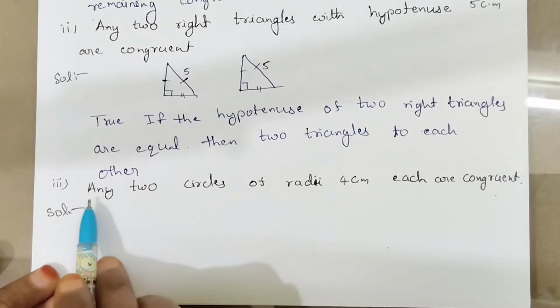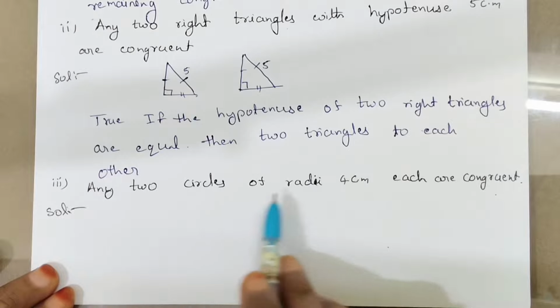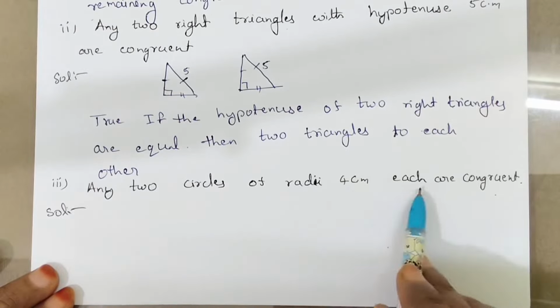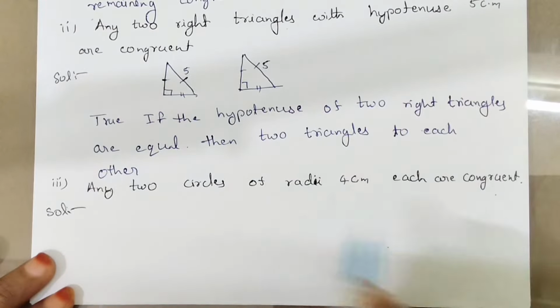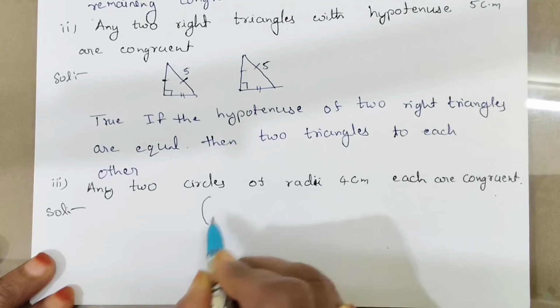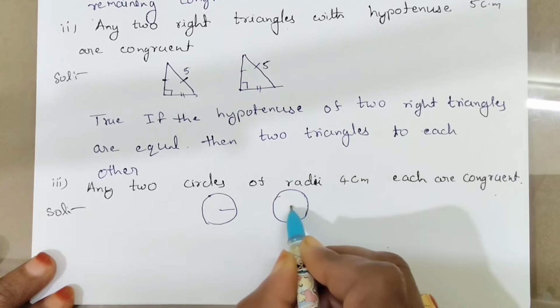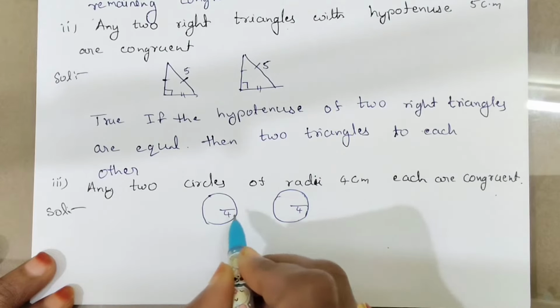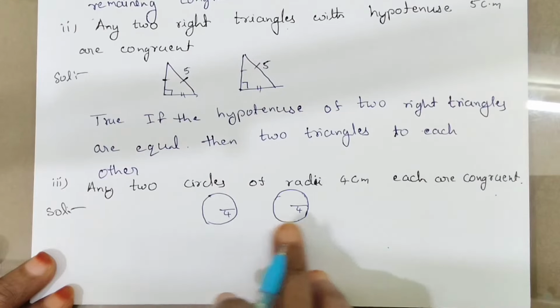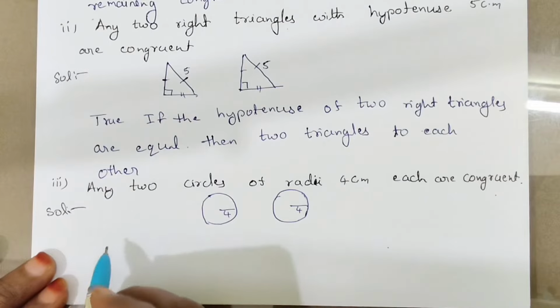Now here, third one: any two circles of radius 4 centimeters each are congruent. Radius 4 centimeters means equal size. These two are equal size. The radius is equal, so these two circles are equal, automatically congruent.